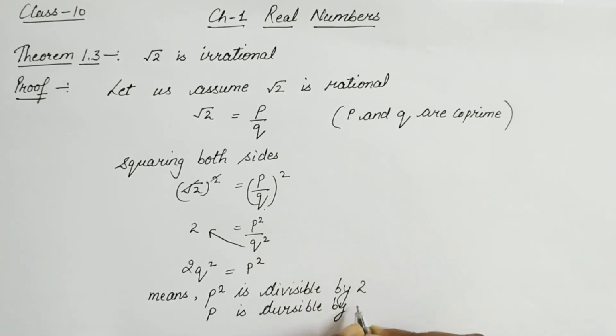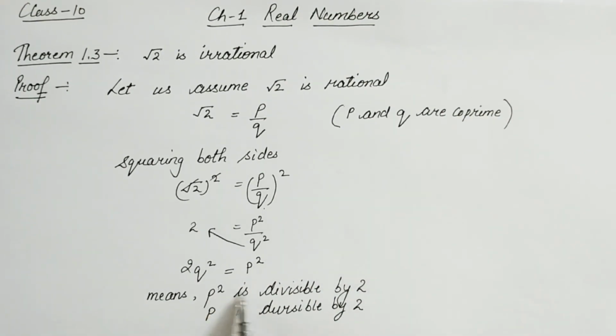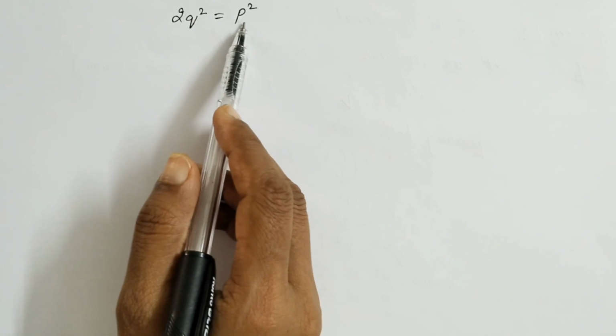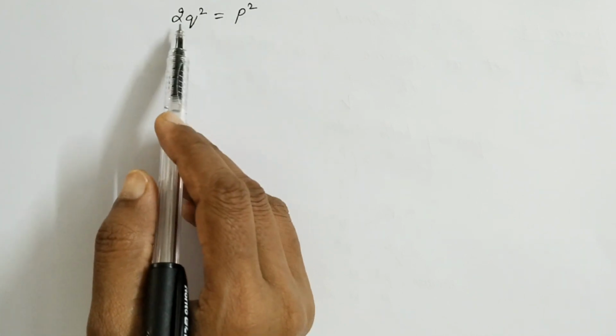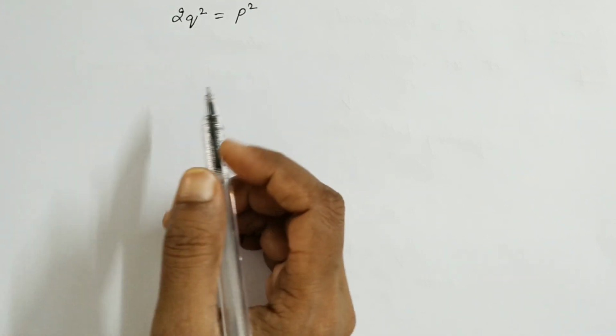I have explained you with the help of an example there. P square is divisible by 2 means p is also divisible by 2. Okay. Now 2q square is equal to p square. It means p square is divisible by 2 means p is also divisible by 2 we have written.